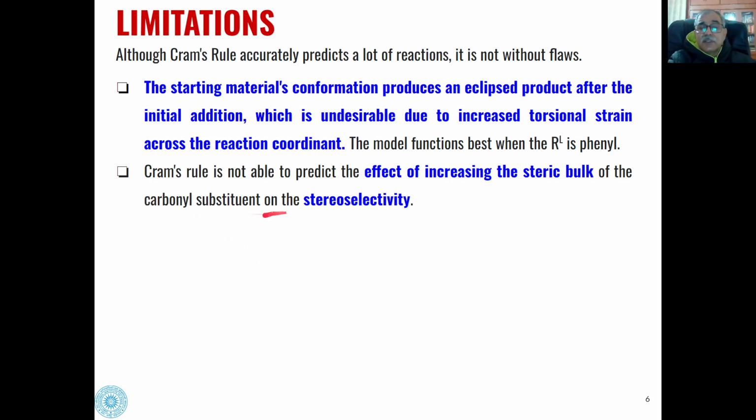So as the steric bulk of the carbonyl substituent increases, what will be the effect on the stereoselectivity of different types of molecules? There is no word from Cram's rule on what will be the effect of increasing bulk in the carbonyl substituent on the stereoselectivity of these types of molecules.